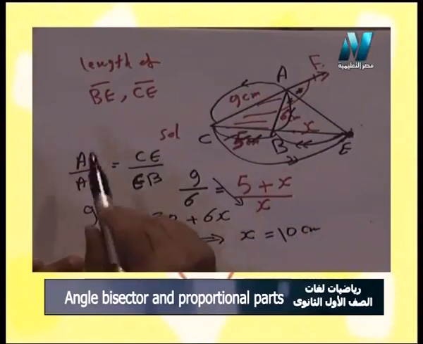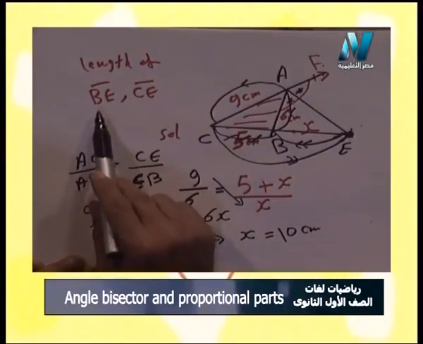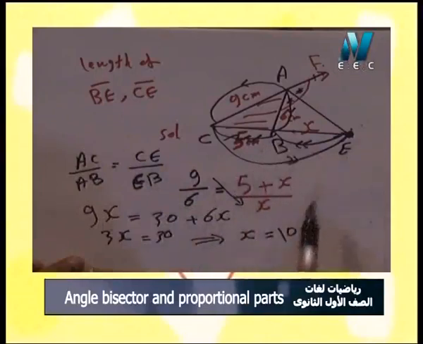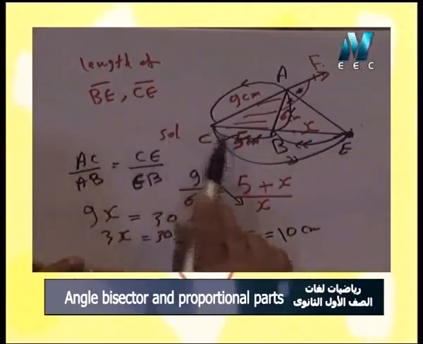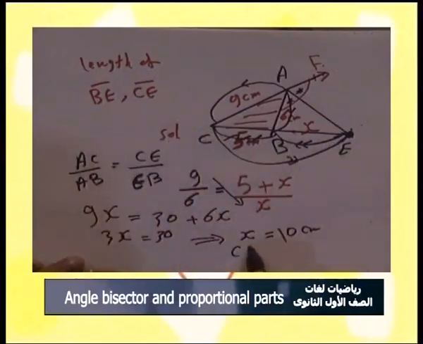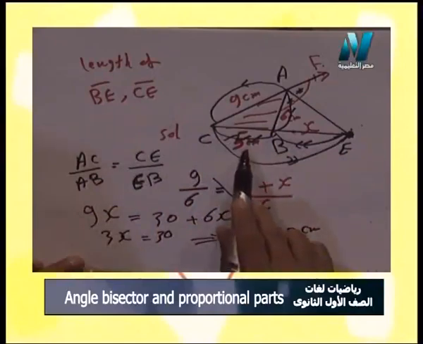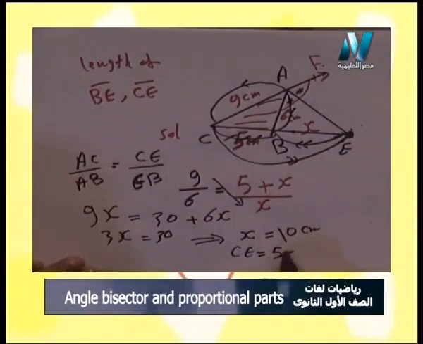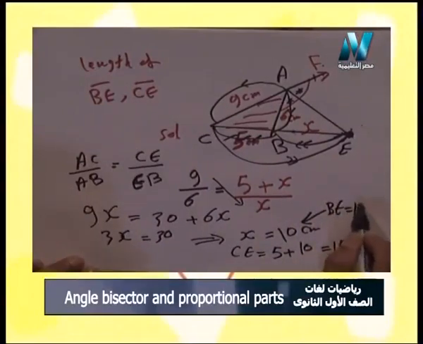We would like to find the length of BE. BE here is 10, and CE equals 5 plus 10, so its length equals 15 centimeters. But 10 here is BE, so BE equals 10 centimeters.